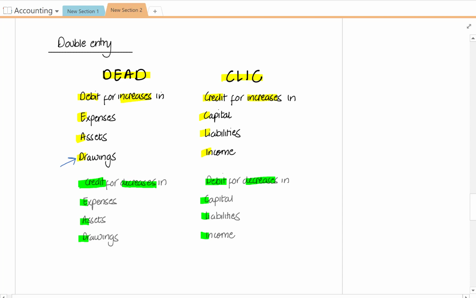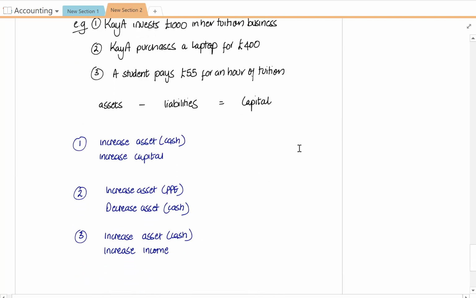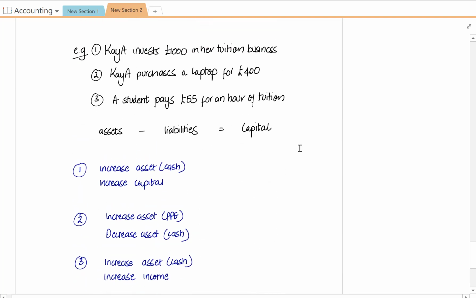Let's practice this using some transactions to really help you conceptualize this, okay? So over onto the next page, I've noted again those transactions that we covered when we were simply thinking about KA and her tuition business in the form of increases and decreases. Now what we're going to do is take those phrases and actually use the accounting specific language.